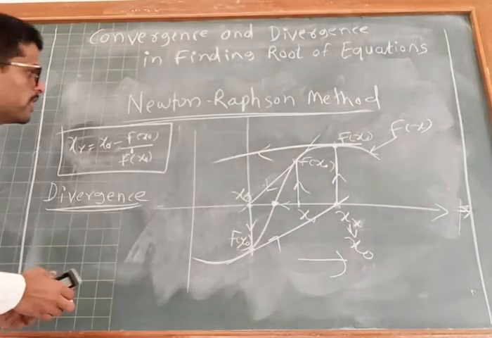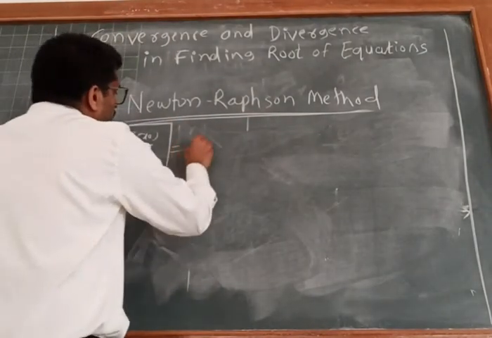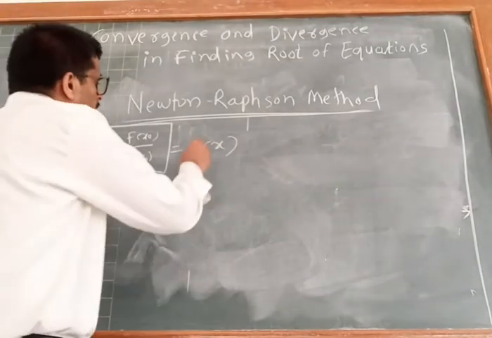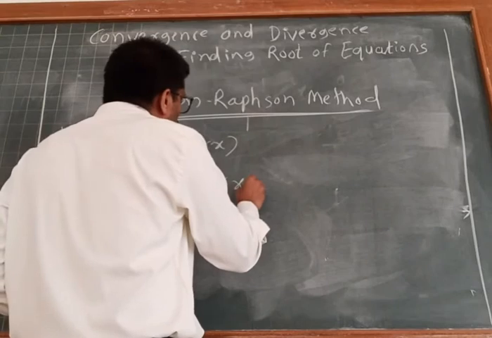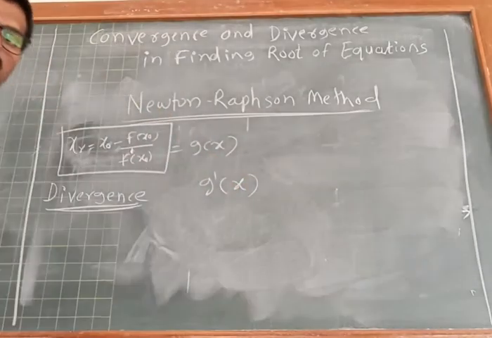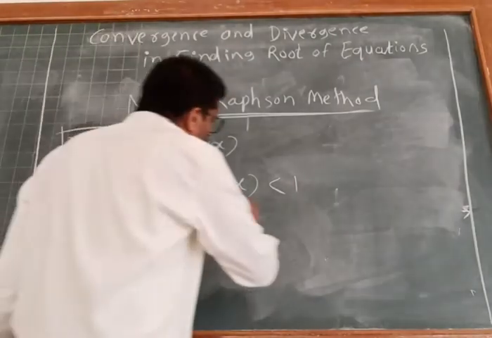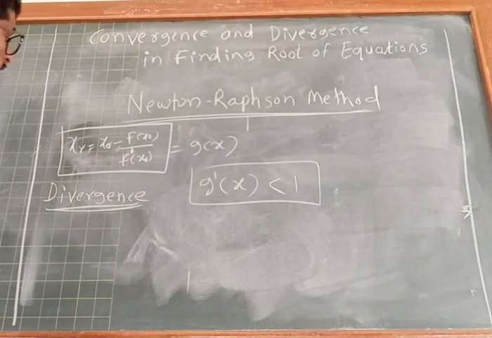Okay. So to avoid divergence, if I consider this as g of x and calculate the slope of this equation, this slope should be less than 1. So this is the condition for convergence. Okay, g dash of x should be less than 1.